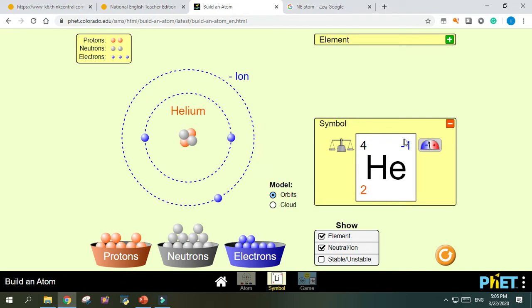So actually, I have one more negative charge. Thus now the atom will move more to minus and have a -1 charge because I have two protons only, but at the same time 1, 2, 3 electrons.